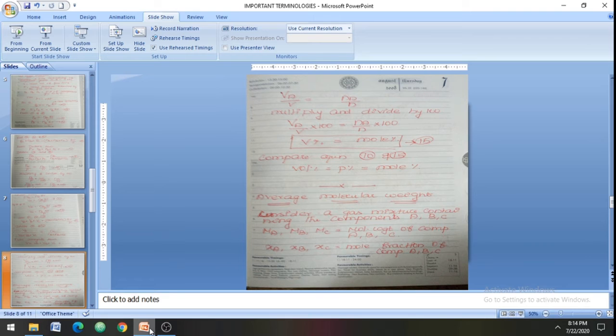When do we use average molecular weight? For a gaseous mixture. If I have a single component, I am not going to use the average molecular weight. If I have 2 components, 3 components, or more than 1 component, then I use the average molecular weight. This is only applicable for gas mixtures.